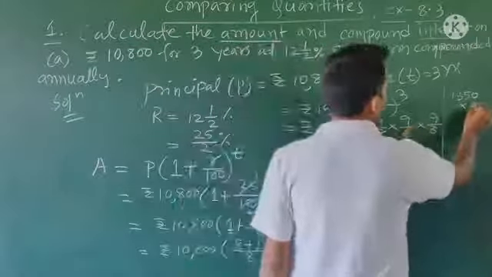Again multiply by this 9. 9 0 is 0, 9 5 is 45, 4 in hand, 9 3 is 27, plus 4 is 31, 3 in hand. Next 9 9 is 81, 81 plus 3 is 84, 8 in hand. 9 into 0 is 0, plus 8 is 8, 9 1 is 9.